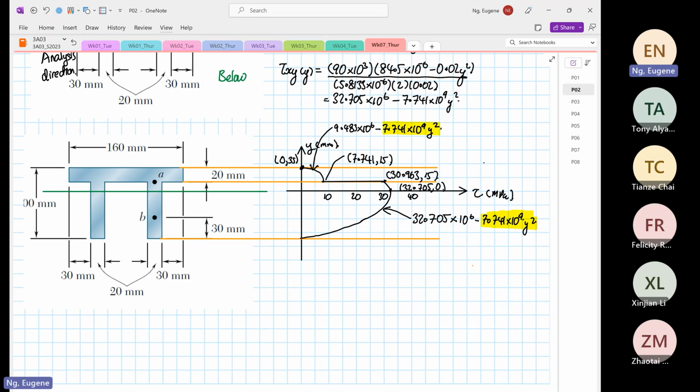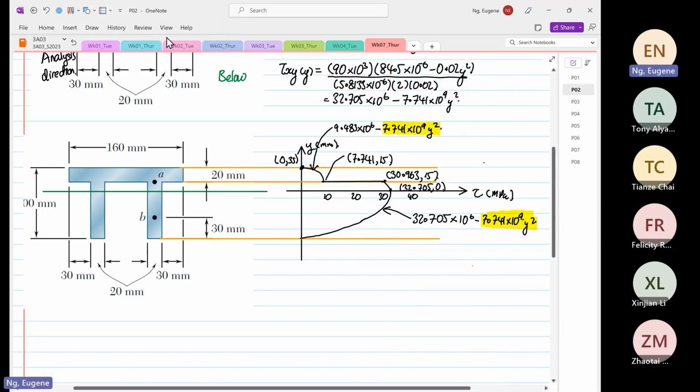Okay, and for this case, I elaborate again. For this case that you see, the maximum shear stress is at the centroid. So I want you to take note: for this case, not always. I repeat, not always.